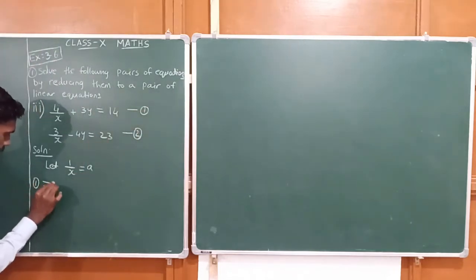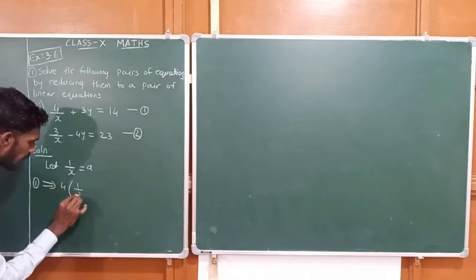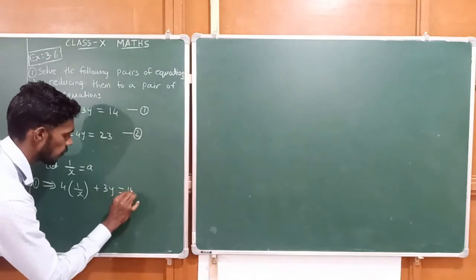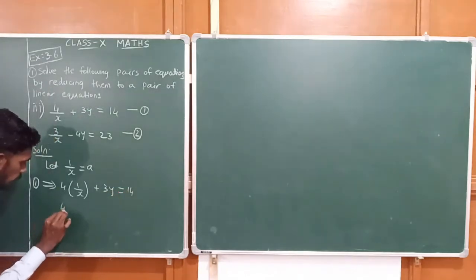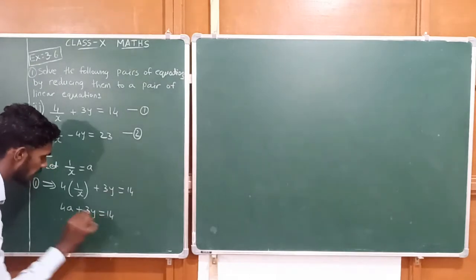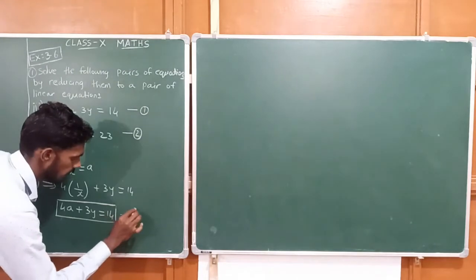So equation 1 becomes 4 into 1 by x plus 3y is equal to 14. So it becomes 4a plus 3y is equal to 14. Mark this equation as number 3.